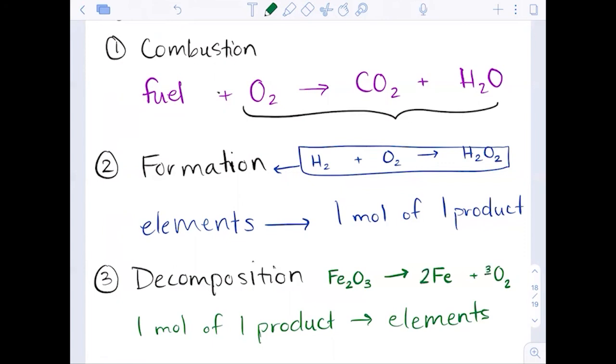And what's important is the definition of 1 mole of one reactant is understood. We won't put a 2 in front of that Fe2O3 to balance in whole numbers. What we'll do is we'll use fractions in the coefficients of the products because we are understanding the definition of 1 mole of one reactant.